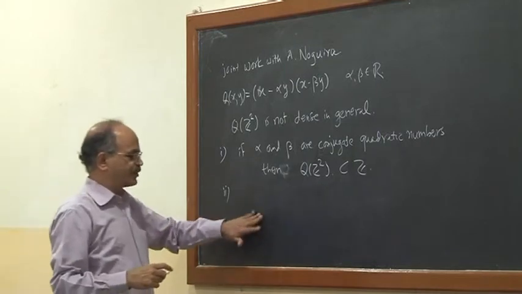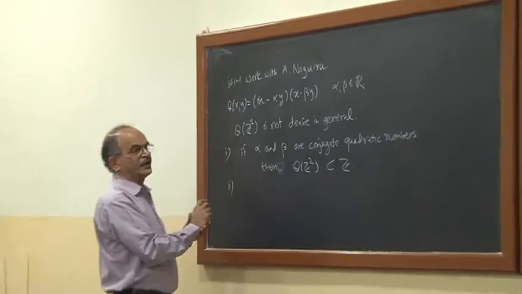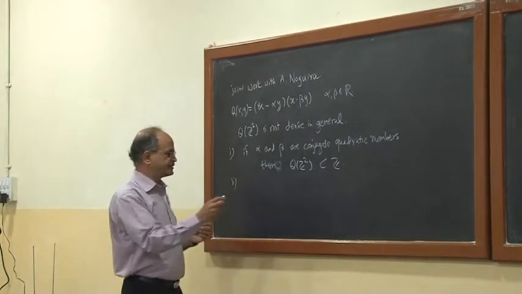Secondly, a somewhat larger class of counterexamples arise from what are called badly approximable numbers.